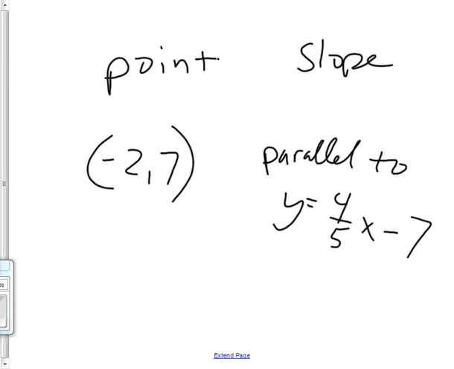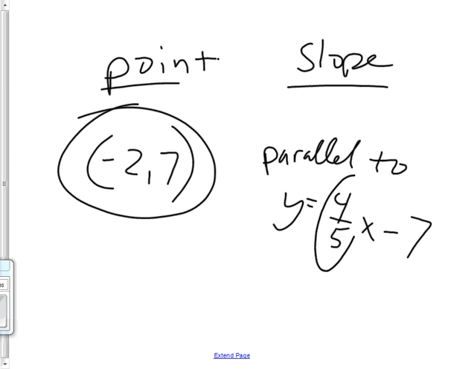So see how they're really telling you a slope by saying that? So you still should use point slope, because they're just telling you the slope in a funny way. So they told me a point, and they told me the slope is right there.